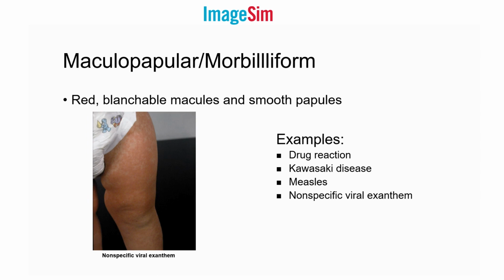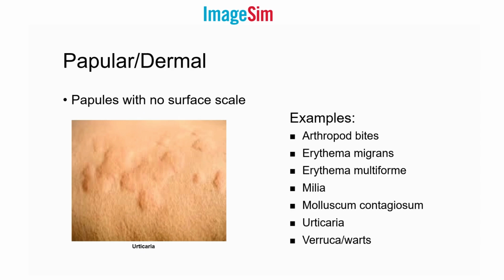Maculopapular or morbilliform rashes are red, blanchable macules and smooth papules. Examples include drug reactions, Kawasaki disease, measles, and nonspecific viral exanthems. Papulodermal are papules with no surface scale.